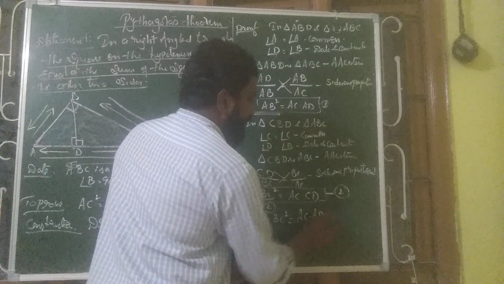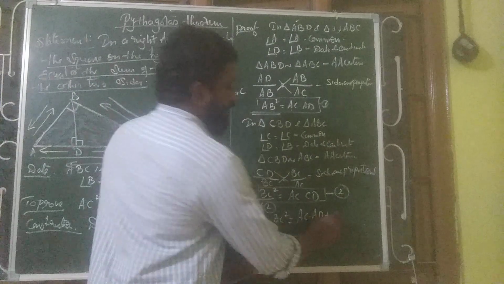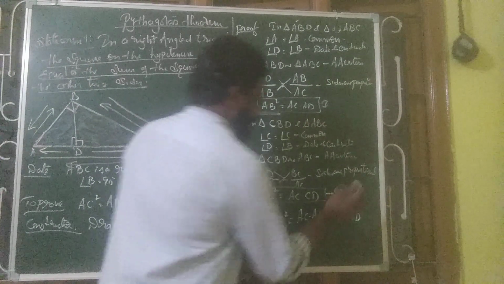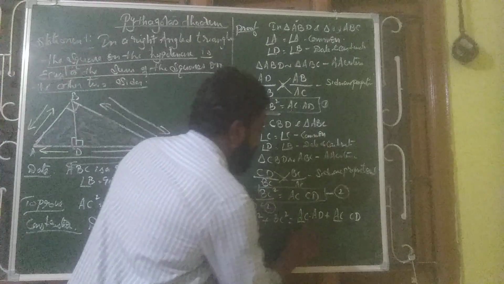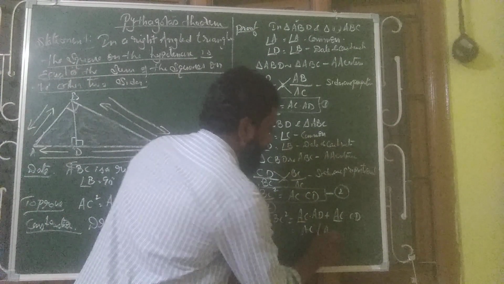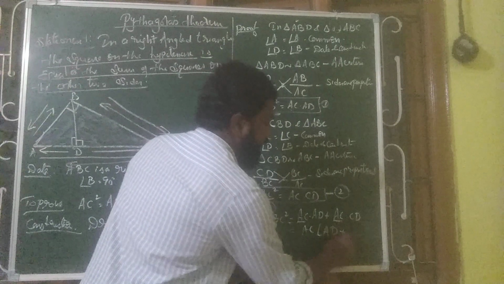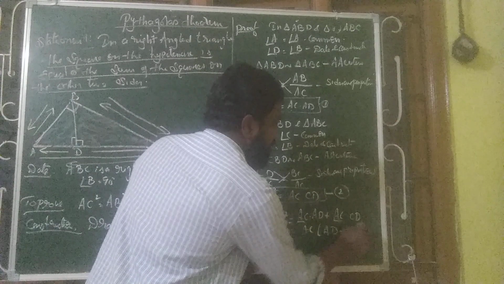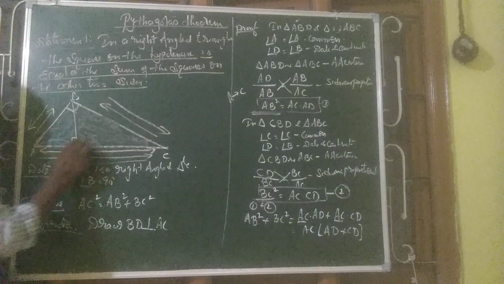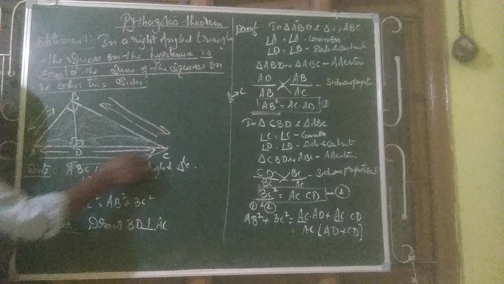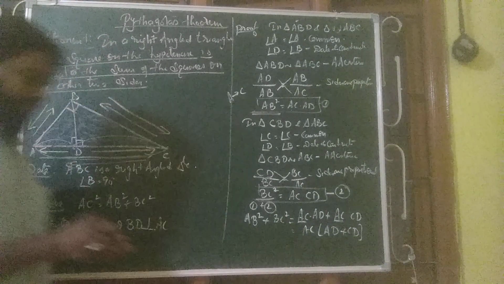AC into AD plus AC into CD. You see, AC is common here. Take it out. What is remaining? AC outside, AD is remaining. AC is outside, CD is remaining. Come over here, AD and CD. You add, you get AC.